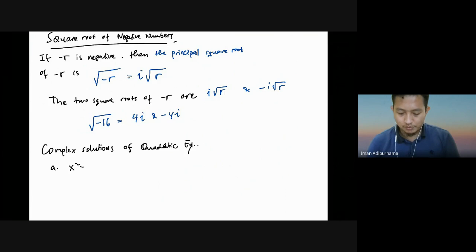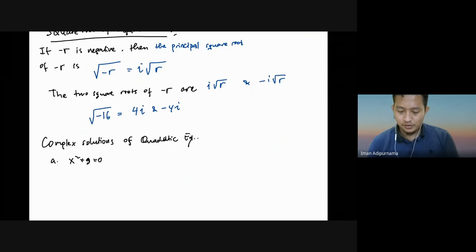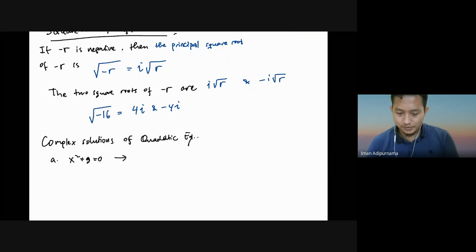So x squared plus 9 is 0. So it means we have x squared equal negative 9. So we will have x is plus minus square root of negative 9, and we will get plus minus 3i.